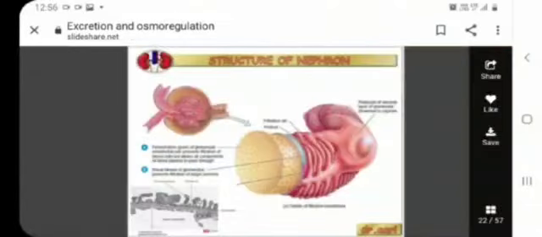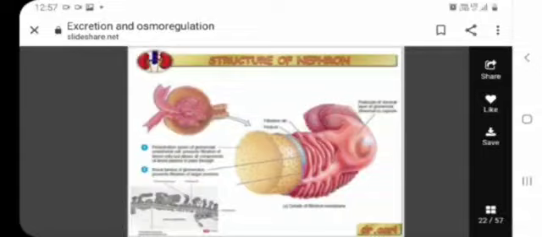Here is also the diagram showing the structure of a nephron, the glomerulus having the capillaries or the Bowman capsule in which the capillaries are there.